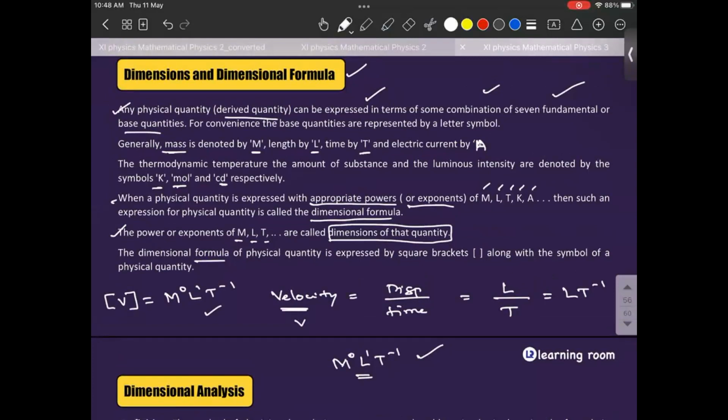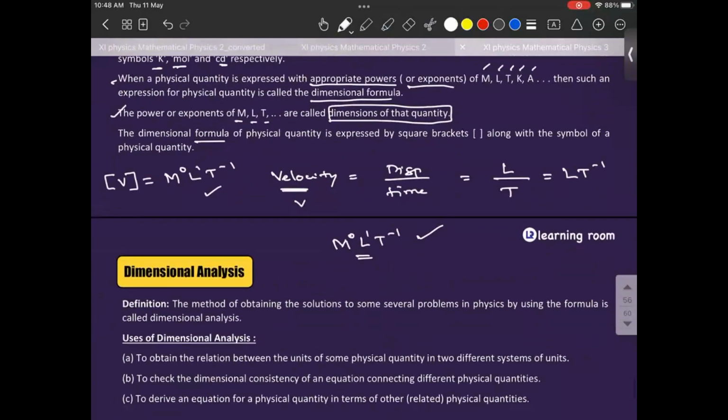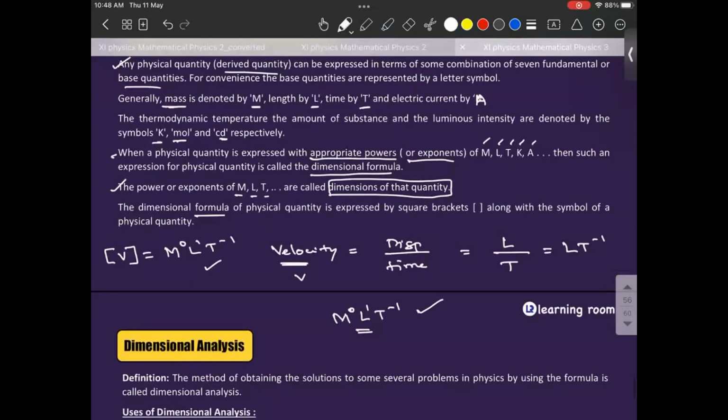Okay, similarly, just to make things simple, suppose I ask you to write the dimensional formula of acceleration, what will it be? All you need to do is do the rough work and see. Acceleration is velocity by time.